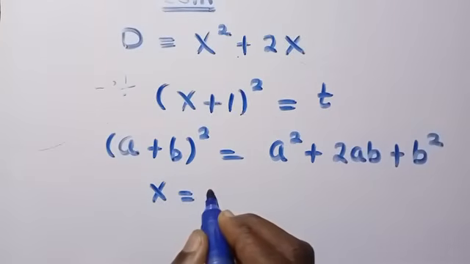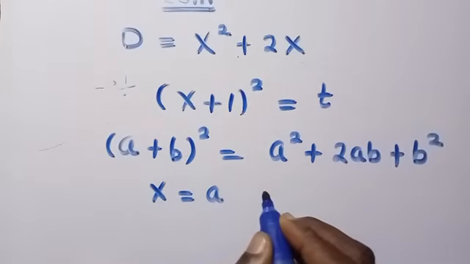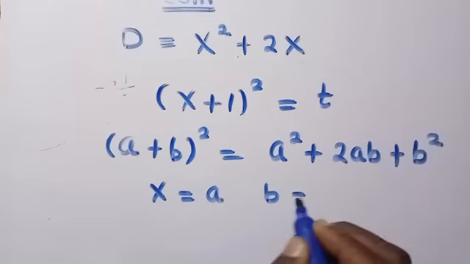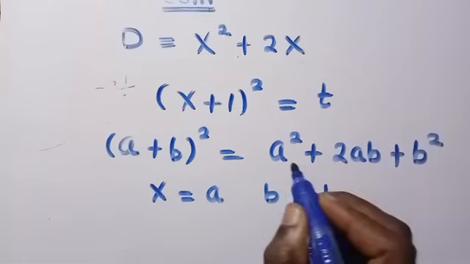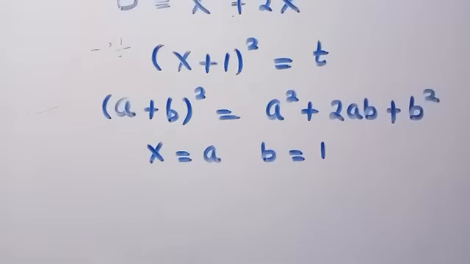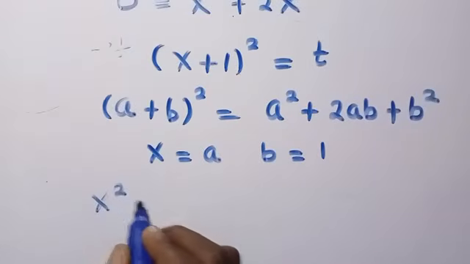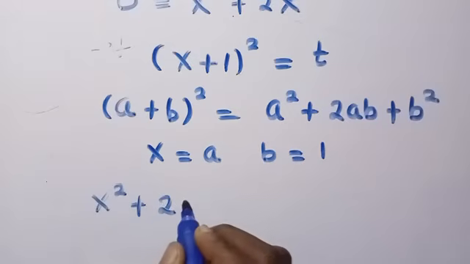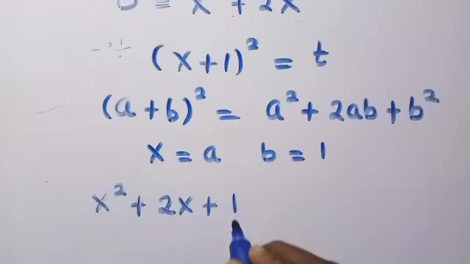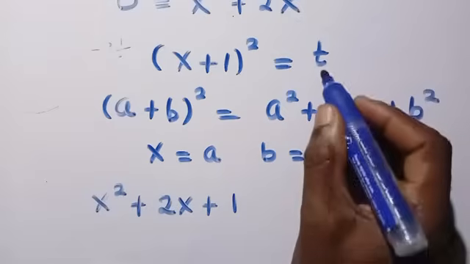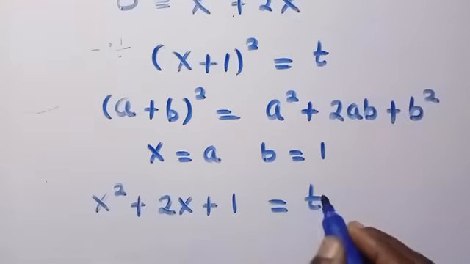If x equals a and our b here equals 1, we expand this out, and what we have here is x squared plus 2x plus 1, and everything here equals t.